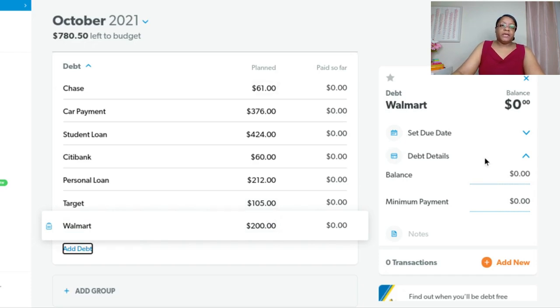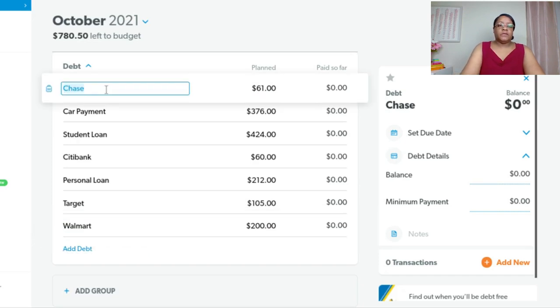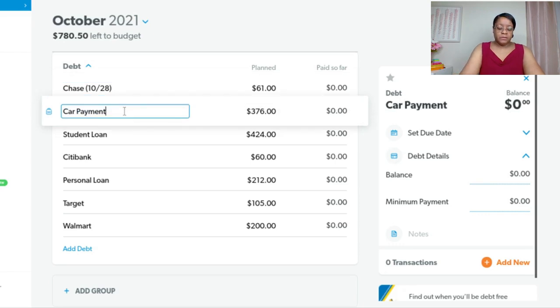You can go back in and put the due dates in here, so that way you know when something is due. It's due the 28th. Car payment. Mine used to come out twice a month, so this is kind of difficult, but I'm just going to arbitrarily choose the 15th.